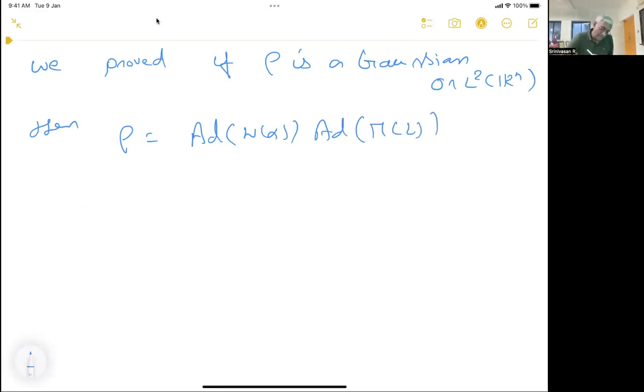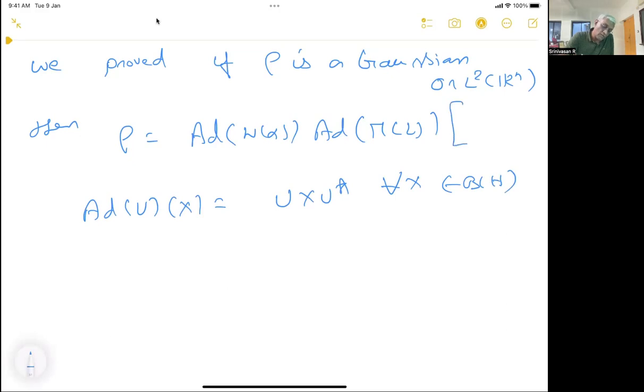Ad is where Ad X for any unitary U is U X U star, or U inverse, for any B of H.